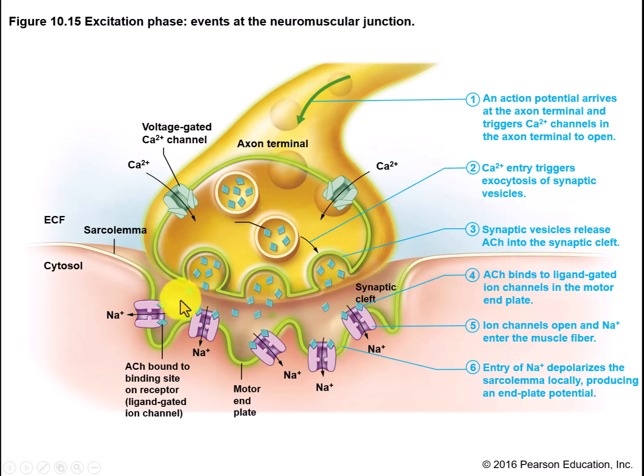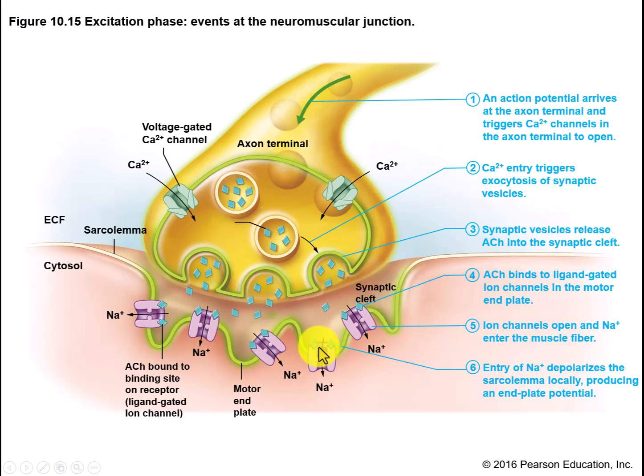Once the acetylcholine is released from the axon terminal, it diffuses across the synaptic cleft, binds to the ligand-gated channels, and because of our sodium-potassium pump and our leak channels, well, mainly our sodium-potassium pump, we have a higher concentration of sodium outside the muscle fiber than inside, and so when that acetylcholine binds to that ligand-gated channel, opens the channel, the sodium flows in. When the sodium flows in, recall back to our action potential that the motor end plate is depolarized.